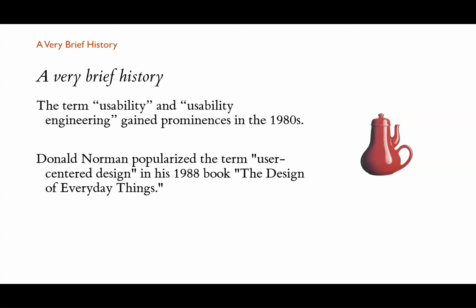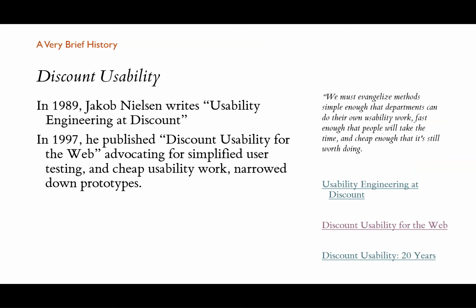Not too shortly after that, Nielsen wrote his academic paper, Usability Engineering at Discount. My understanding is that usability testing and things like that were really expensive affairs back then, lab environments, et cetera. And he was a pioneer in advocating for discount methods.